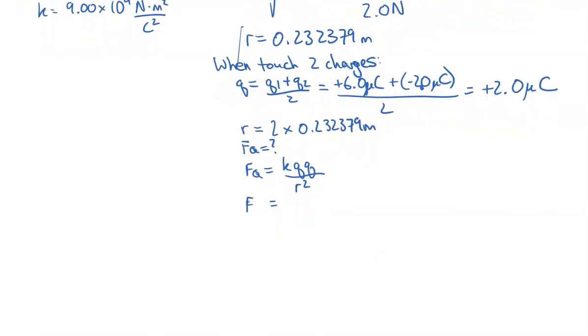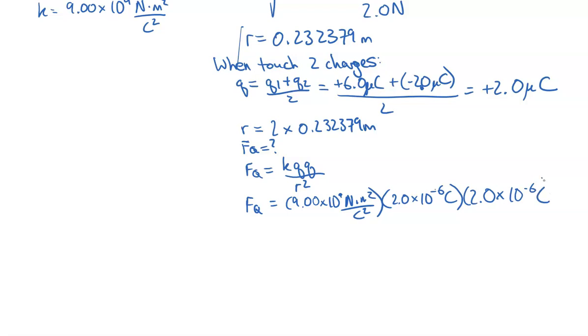So the electrostatic force is going to be 9.00 times 10 to the 9 newton meters squared per coulomb squared. We're going to multiply that by 2.0 times 10 to the negative 6 coulombs. And we're doing that twice, so you could either put that as a squared, or you could write that out twice like I did here.